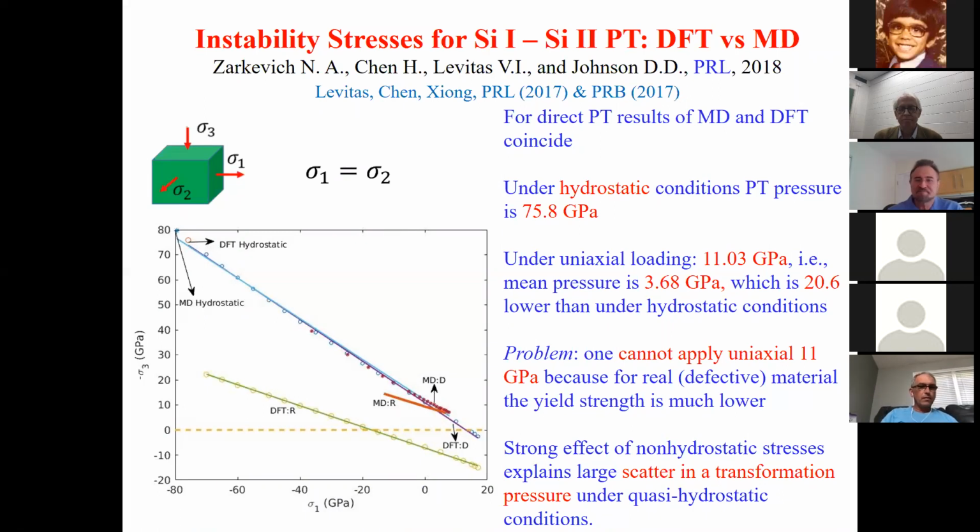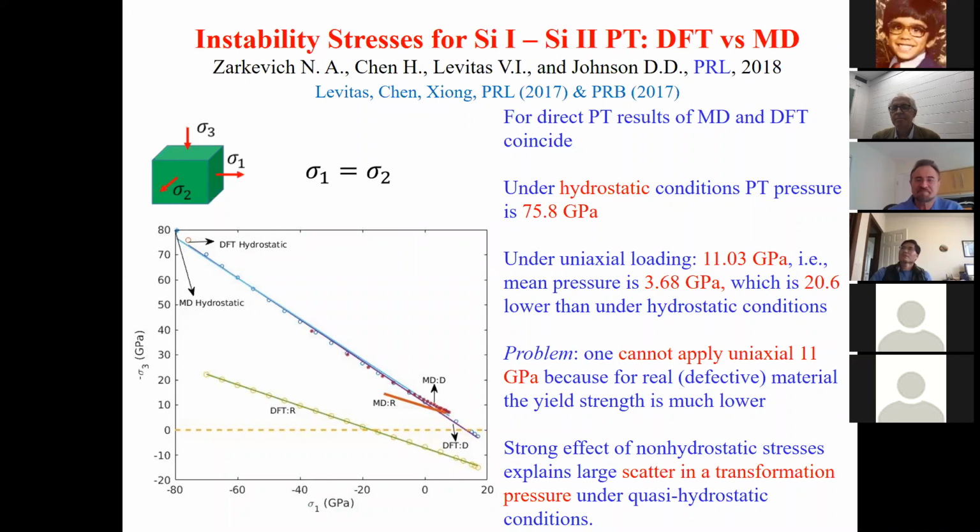More questions? So, this is Yang, from Pacific Northwest National Laboratory. I have a question. You're using the dislocation pile-up model to explain the local high pressure or shear that induces the phase transition.